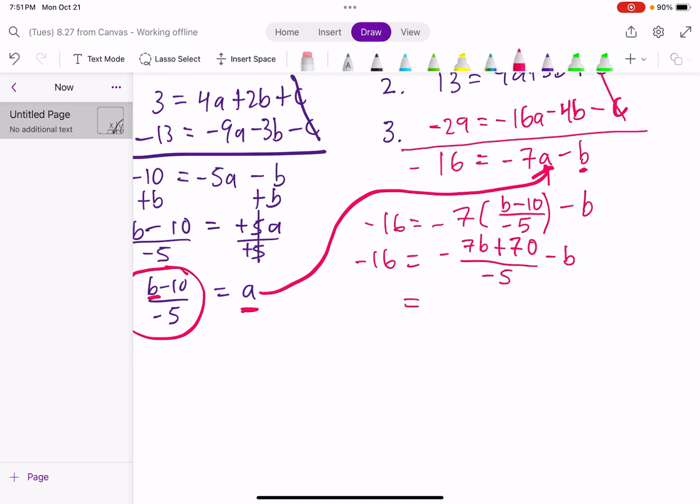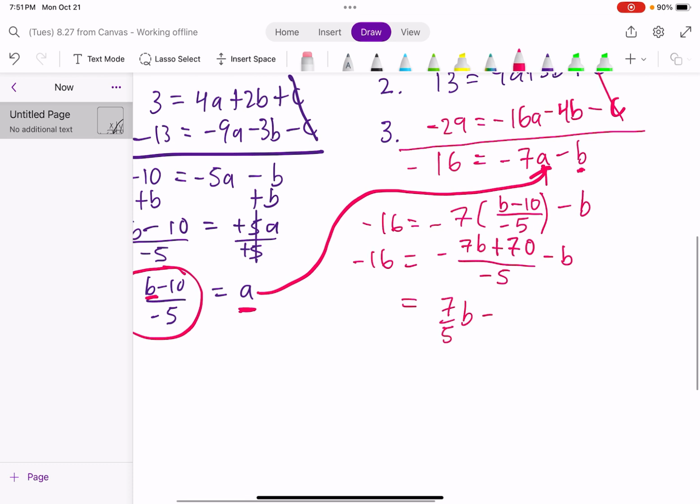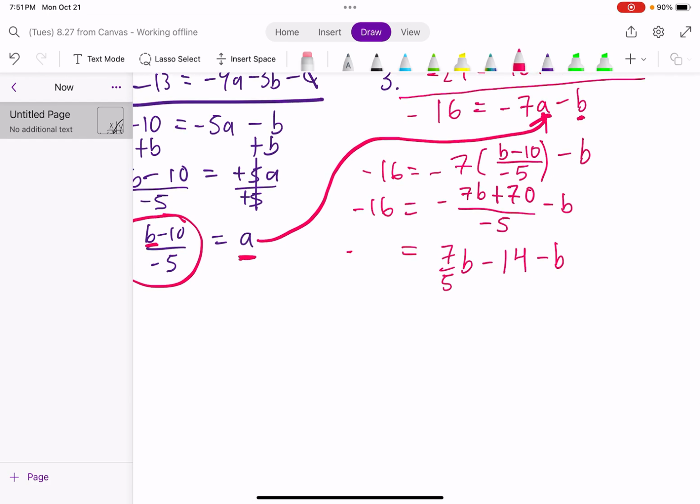And we're going to have 7/5 b minus 14 minus b. And then you're going to have, what's 7/5 minus 5/5? That would be 2/5, right? And then you have negative 16.